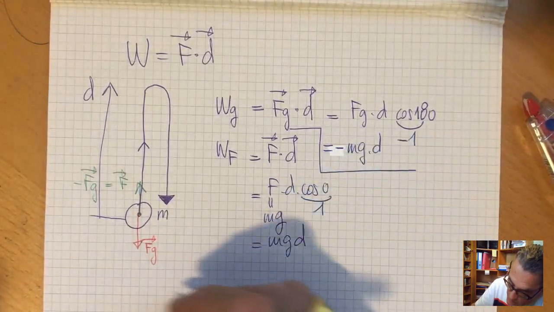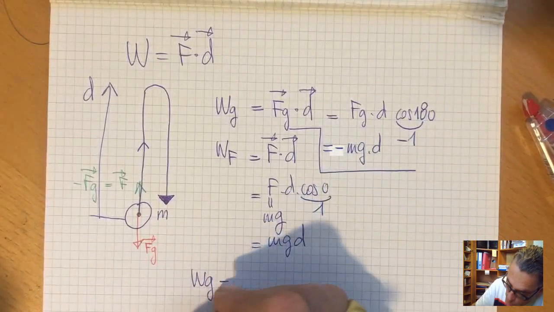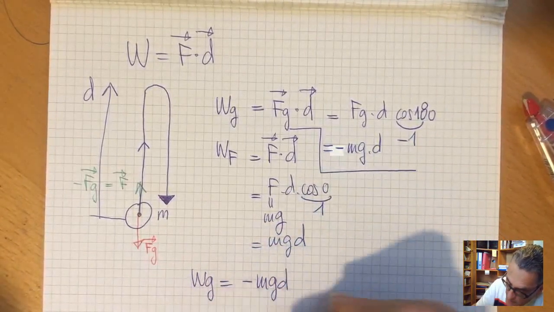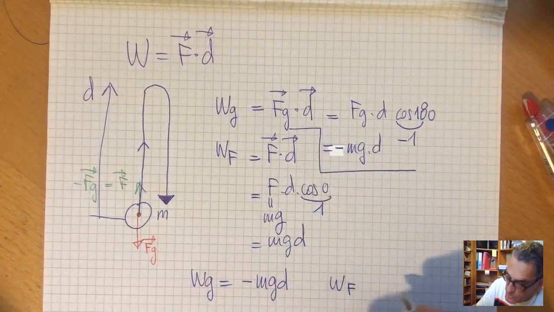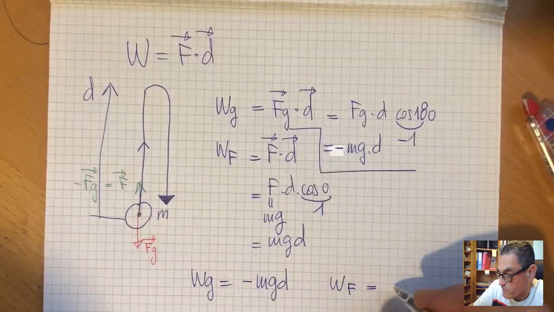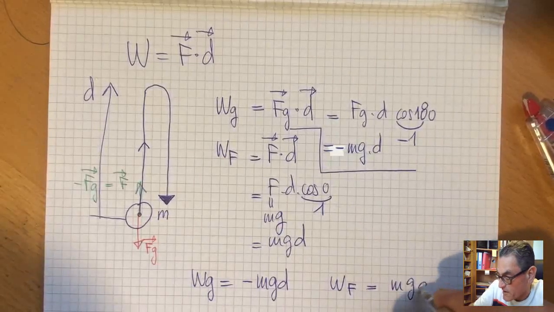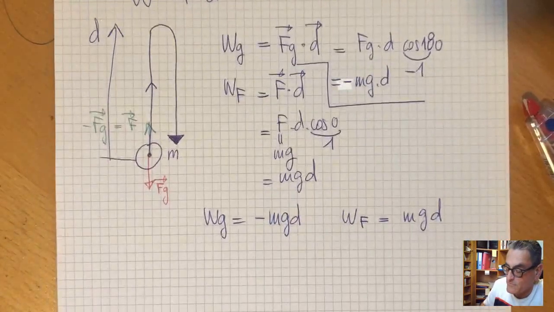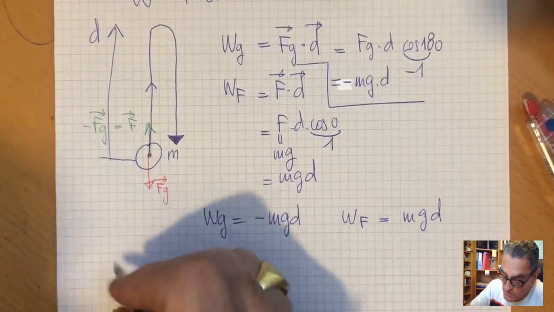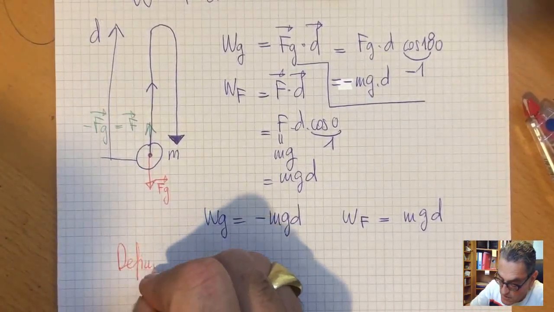So finally what you find is that the work of the gravitational force is minus mgd, and the work of this force F, which opposes the gravitational force, is plus mgd. Right?